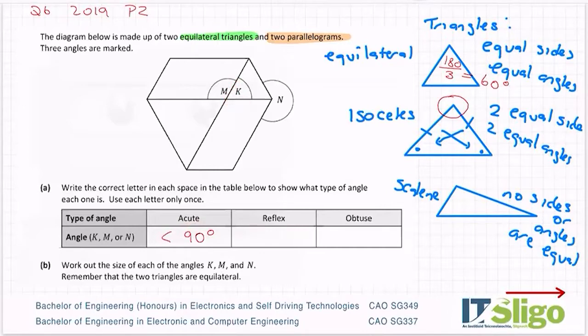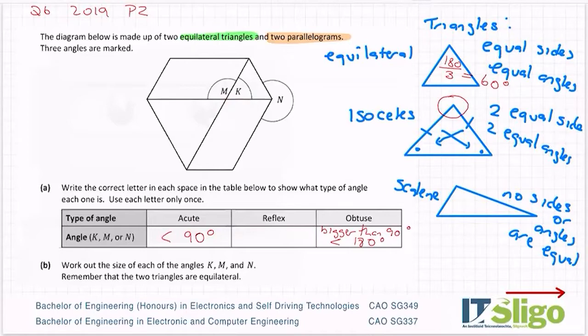An obtuse angle is an angle that's bigger than 90 but less than 180 degrees. So it's somewhere between 90 and 180 degrees.